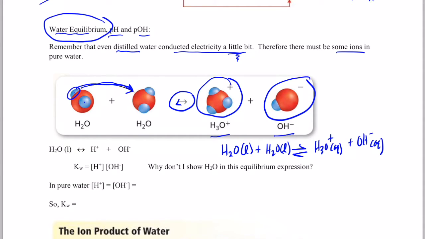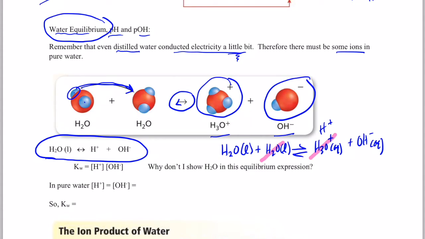Let's cheat just a little bit to make this look a little bit prettier. Let's go ahead and cross off water from this side, and let's get rid of water out of the hydronium ion. So when I do that, don't I have H pluses left over? So I could rewrite this equation as H2O liquid becoming H pluses and OH minuses. And if we want to write the equilibrium expression for this reaction, we're going to put products over reactants.